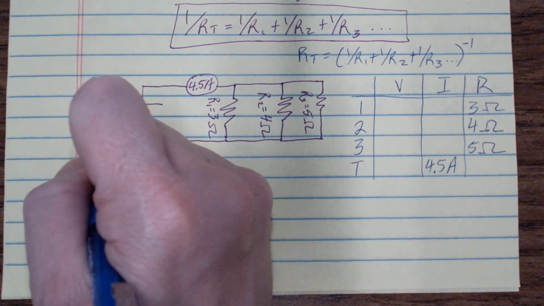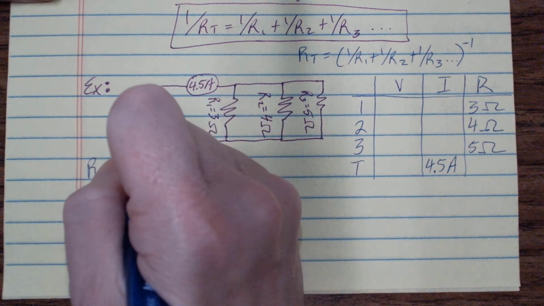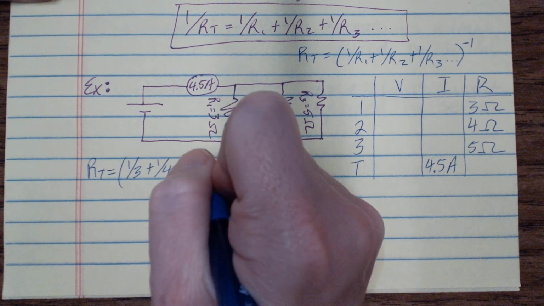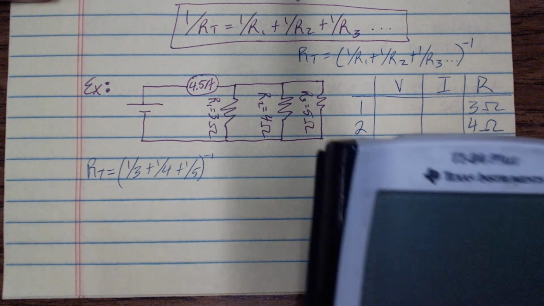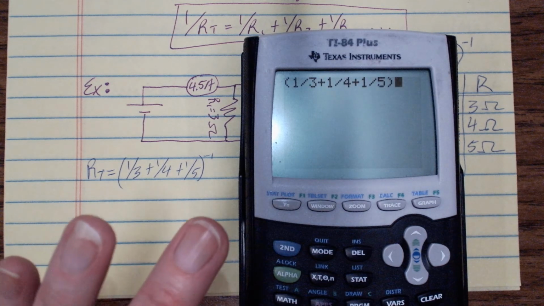So I would say R total equals, in parentheses, 1 over 3 plus 1 over 4 plus 1 over 5, close parentheses, and use my reciprocal button.